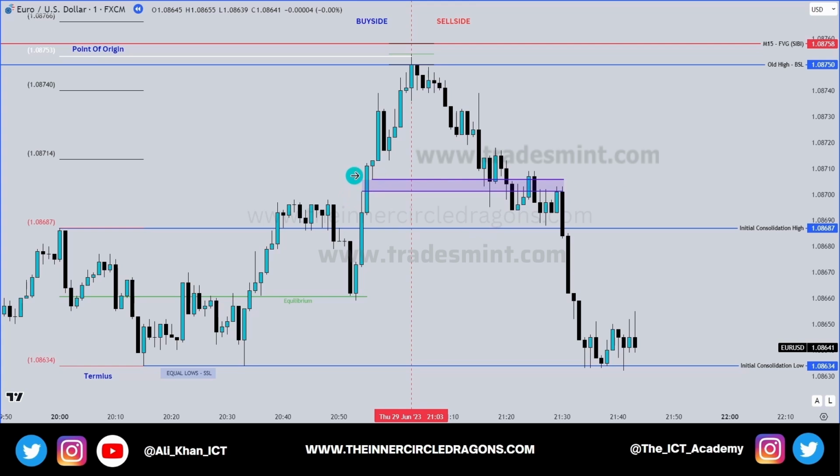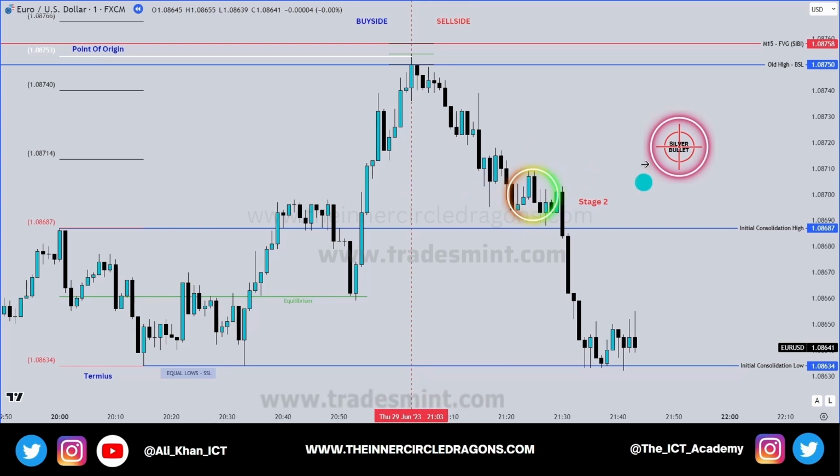We also have this buy side imbalance, which now acts as a balanced price range and an inversion level. And you can see how price is respecting the discount end of that level over here. The bodies again are telling the story that price is not willing to go any higher. This is our second stage of distribution and would be our silver bullet entry.